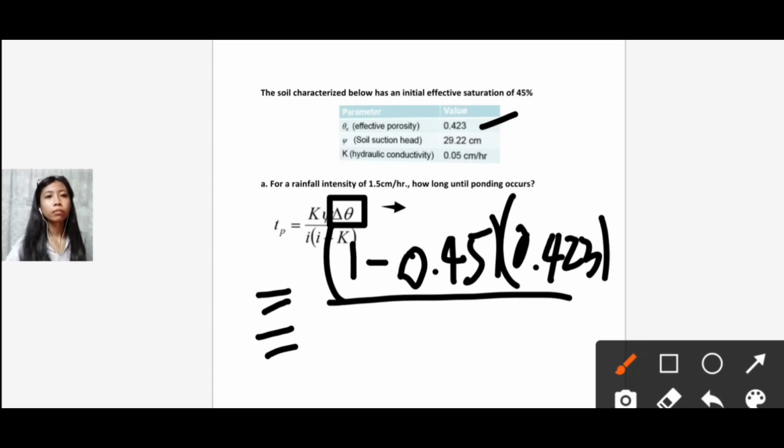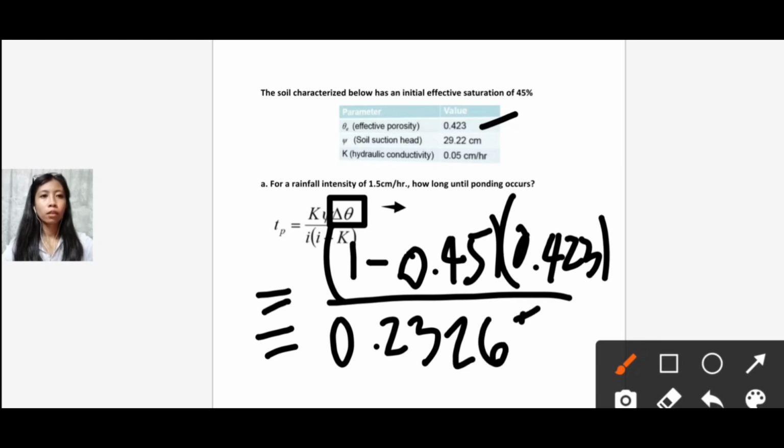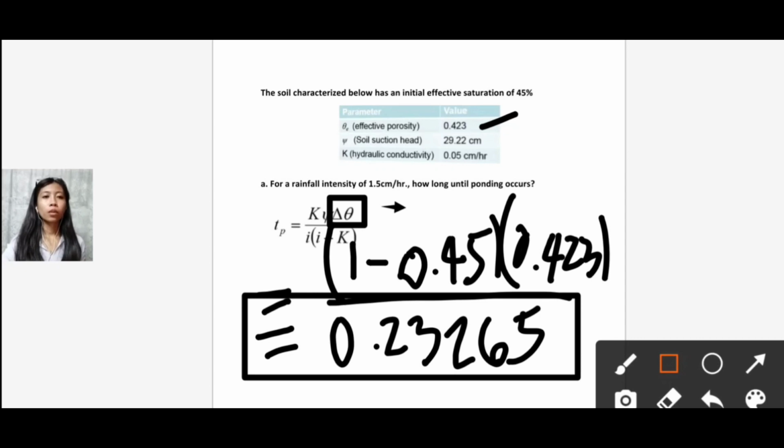Equals, so you may use your calculators. The result is 0.23265. So remember this value because we are going to use it later.